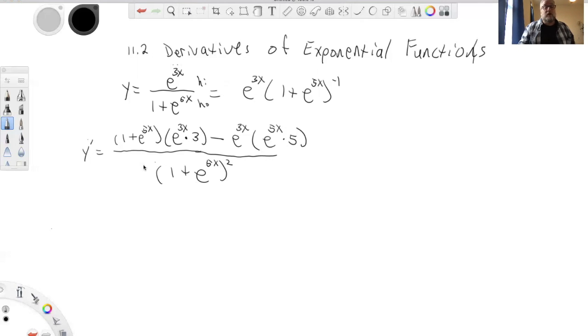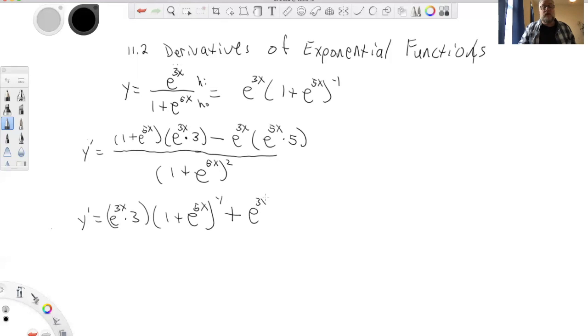Now let's do the product rule. So we'll do the derivative of the first. So e to the 3x times 3. Oops, sorry about cutting you off at the head. Times the second, 1 plus e to the 5x to the negative 1 power. Plus, now we do the first and we take the derivative of the second.